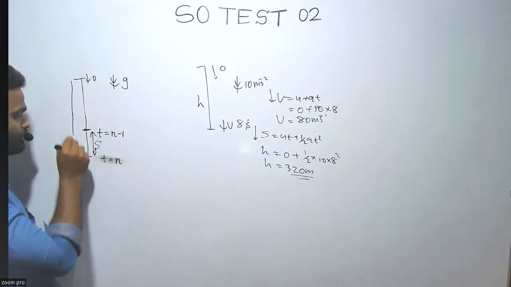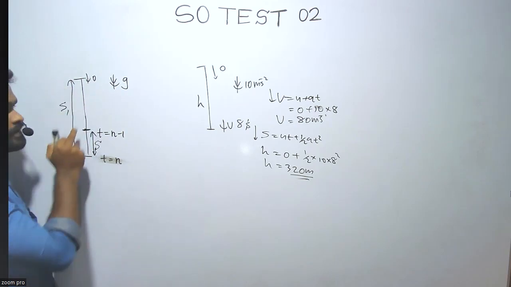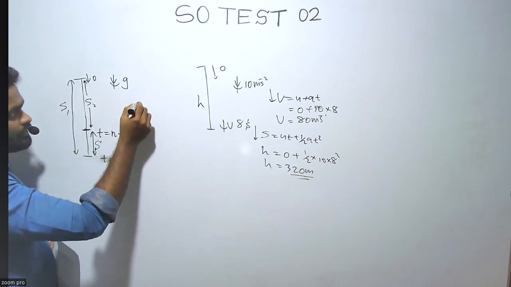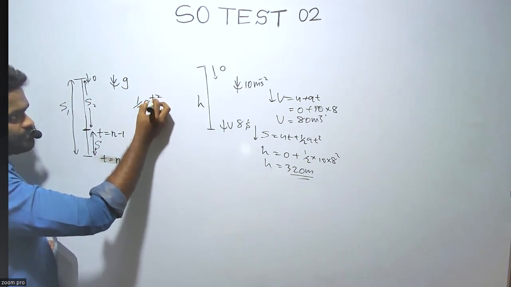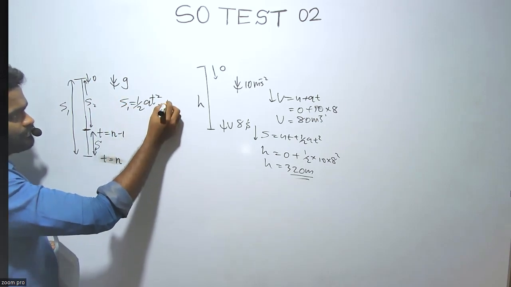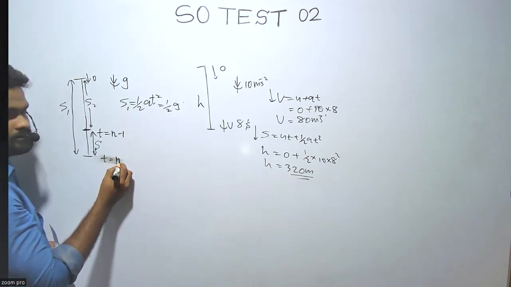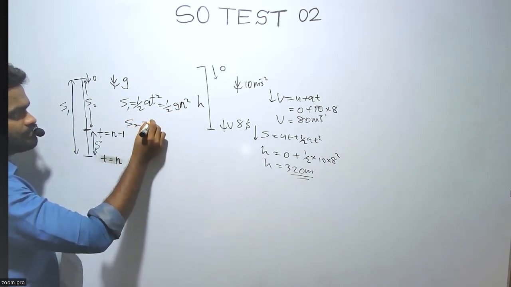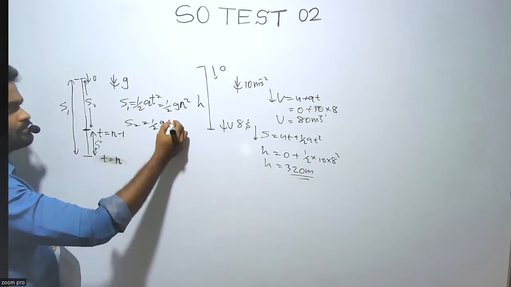Same case as before. This distance is s1 from here to here. This distance is s2. Initial velocity 0, right? So you can use half at squared; ut becomes 0. For s1, half acceleration g, time is n, right? From here to here time is n. Then s2 is half g, from here to here time is n minus 1.